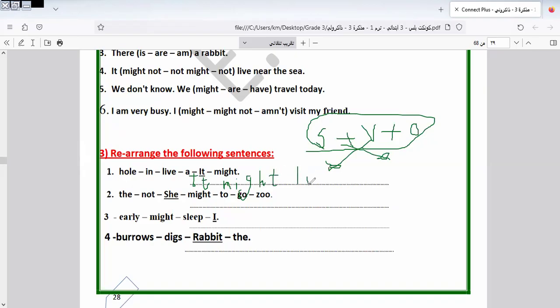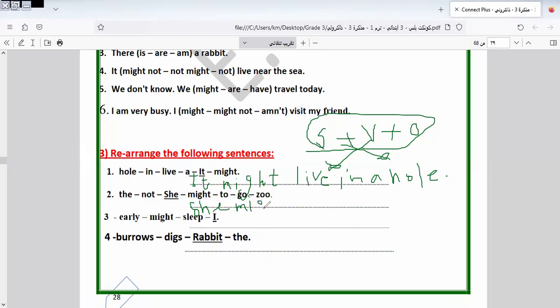live in Yahoo. Might live in Yahoo. And I put a full stop at the end of the sentence. Here it will be she might not. There is a subject and verb.